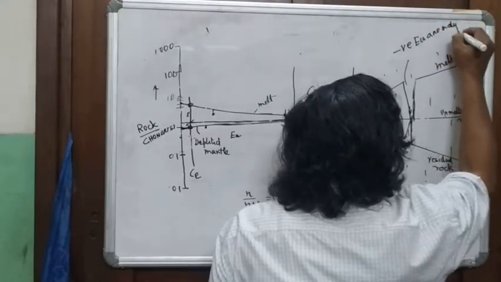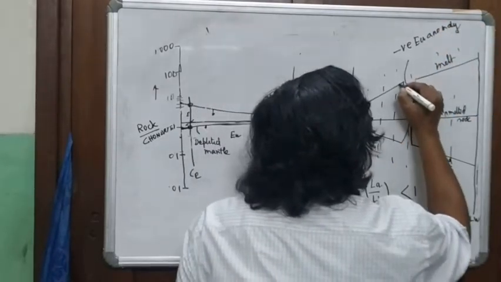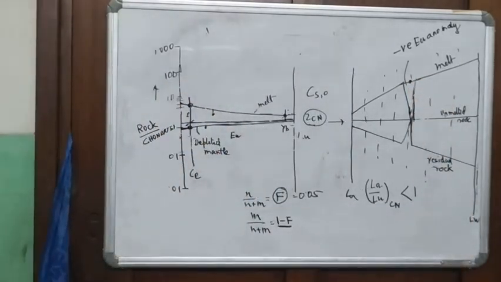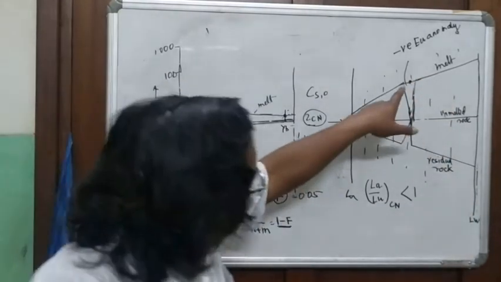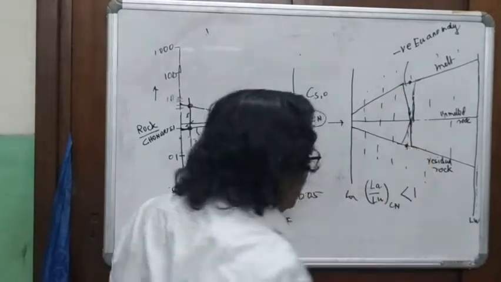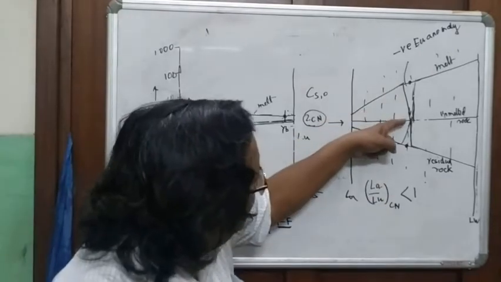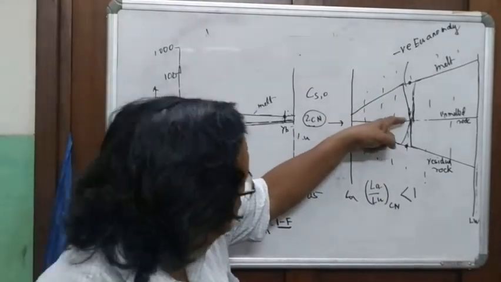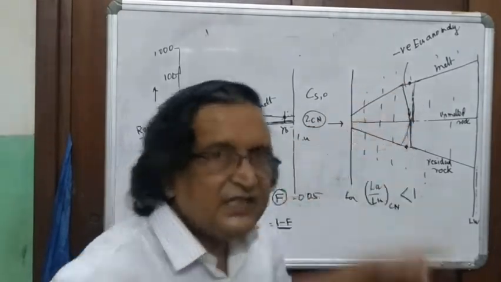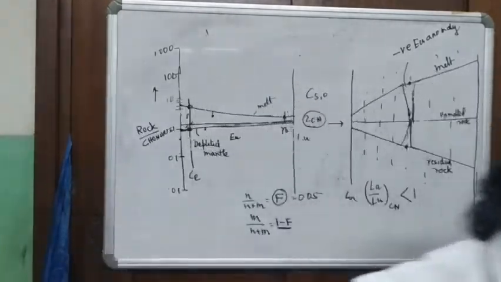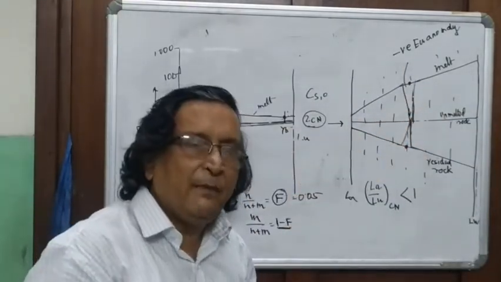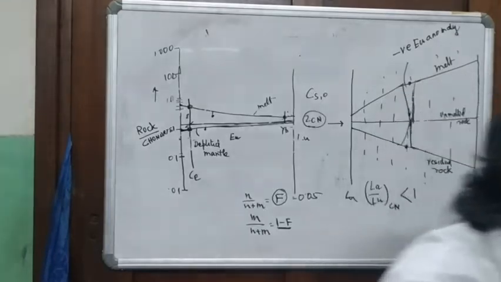Negative europium anomaly. This is given, but if it was Eu3+, I told you this would have been here. The ratio of Eu2+ by Eu3+ concentration is called the magnitude of the anomaly. So for plagioclase, you will have a negative europium anomaly because that ratio will be less than 1.